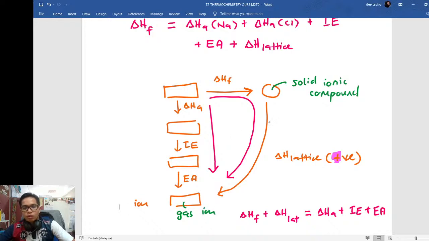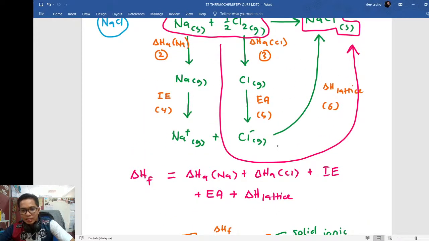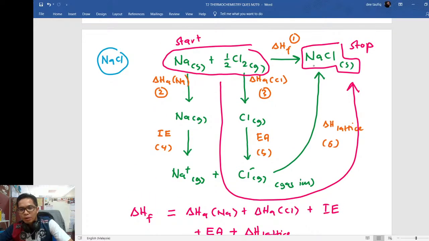So, from solid to gas ion, delta H mesti positive. If you are from gas ion, here is gas ion. Gas ion go into solid ionic compound yang atas ni NaCl. So your delta H will always be negative. Yang tu je awak nak kena ingat untuk lattice energy.